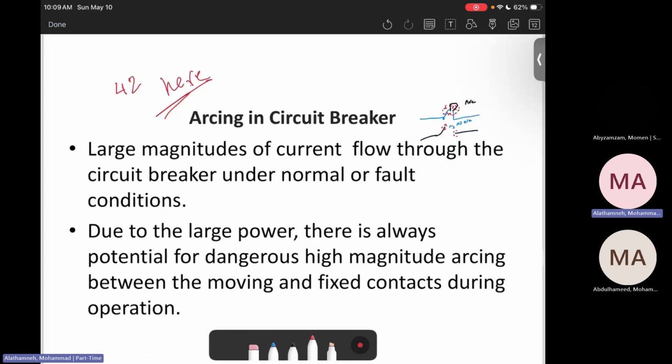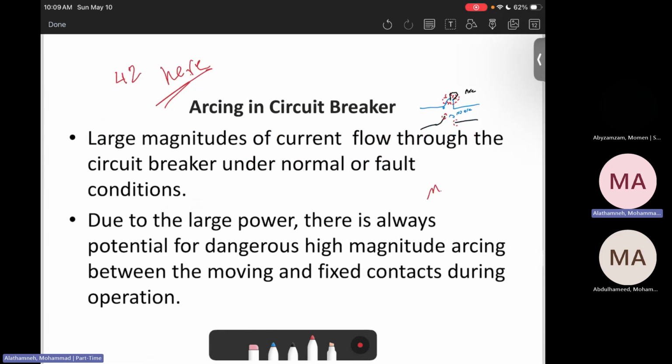Therefore, depending on the medium, as we said before, it can be air, oil, SF6, or vacuum. Most likely air is used in low voltage and some medium voltage.